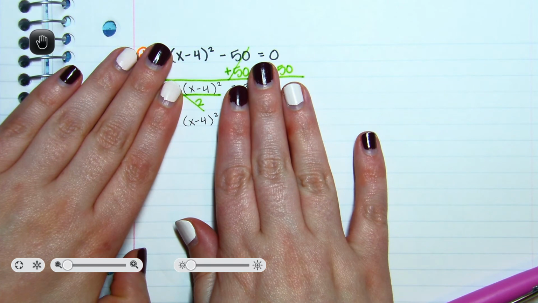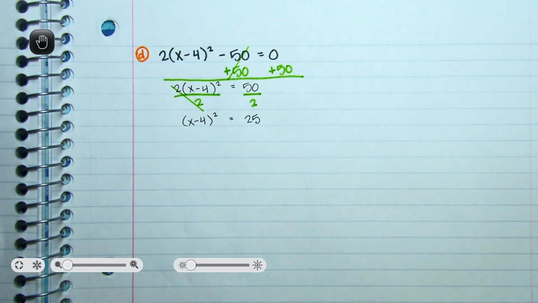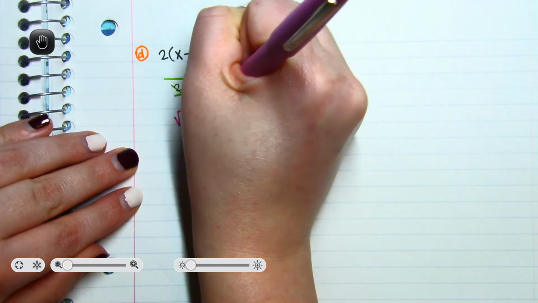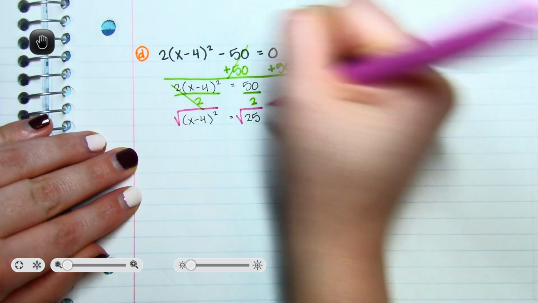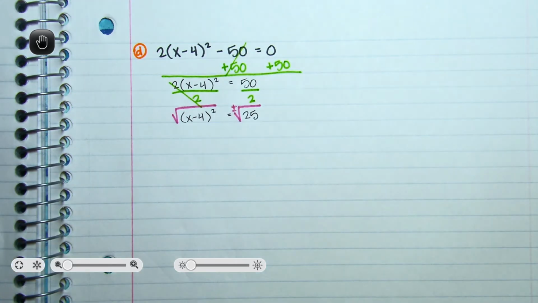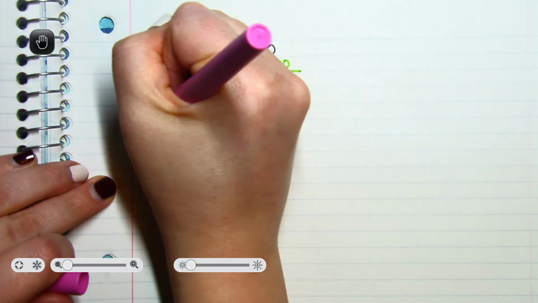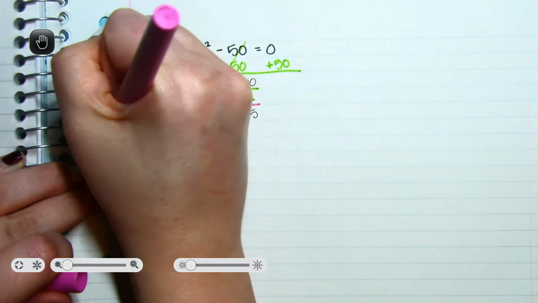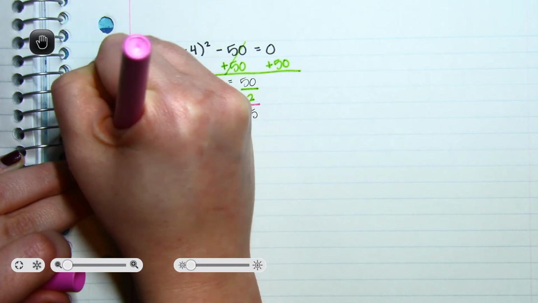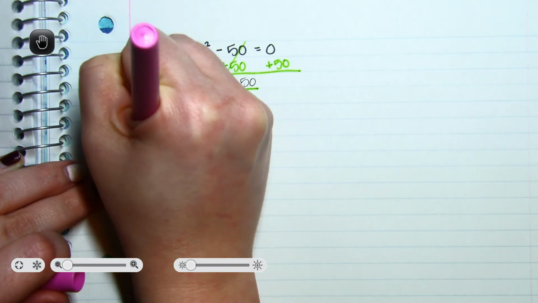So now I can take the square root of both sides. And again, plus or minus. That's also one of the most common mistakes that gets made, forgetting that plus or minus. So I'll put a note here too. This is the squared term.